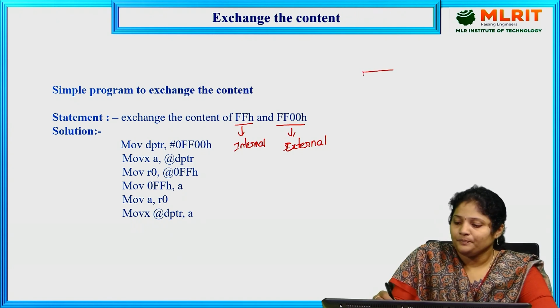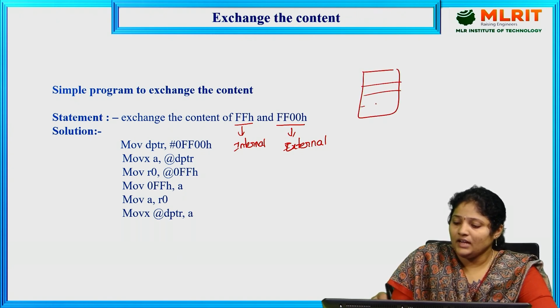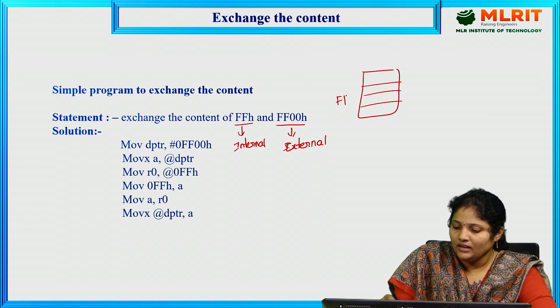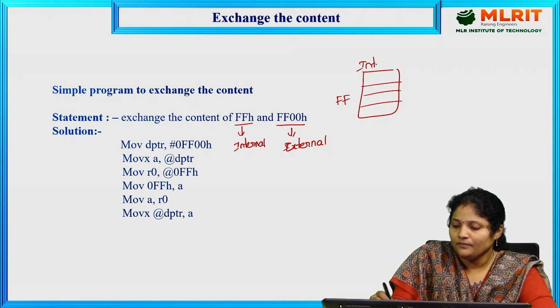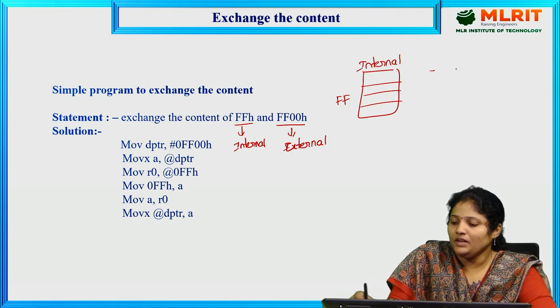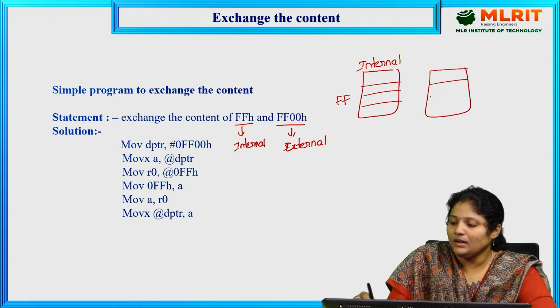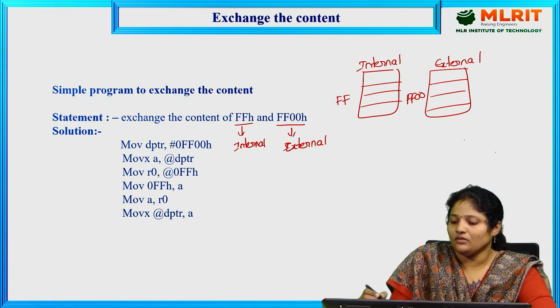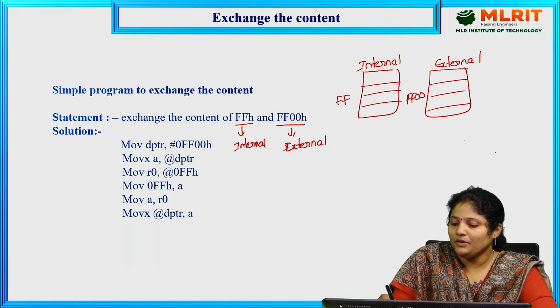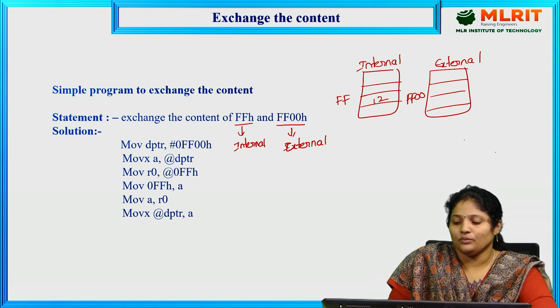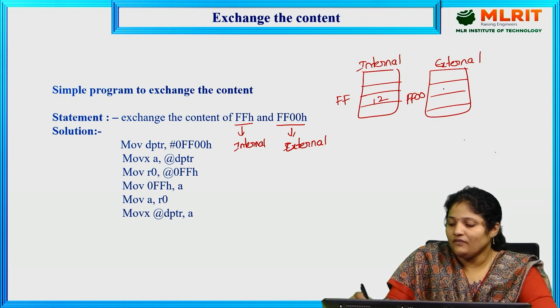So the data present in the internal FF location needs to be exchanged with the data present in the external location FF00. Let us consider the data present in FF location is 1, 2, and the data present in FF00 location is 3, 4.